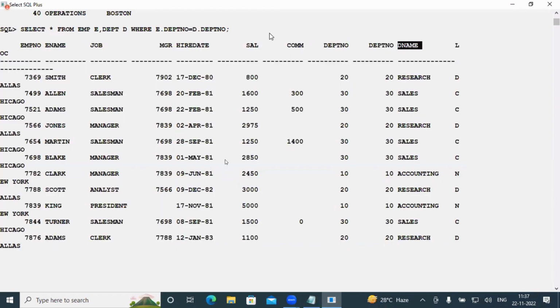Now tell me guys, if I want to find the sum of salary for each department name, what should I do? How to find the salaries of each department? Yes, we need to use group by. Very good.